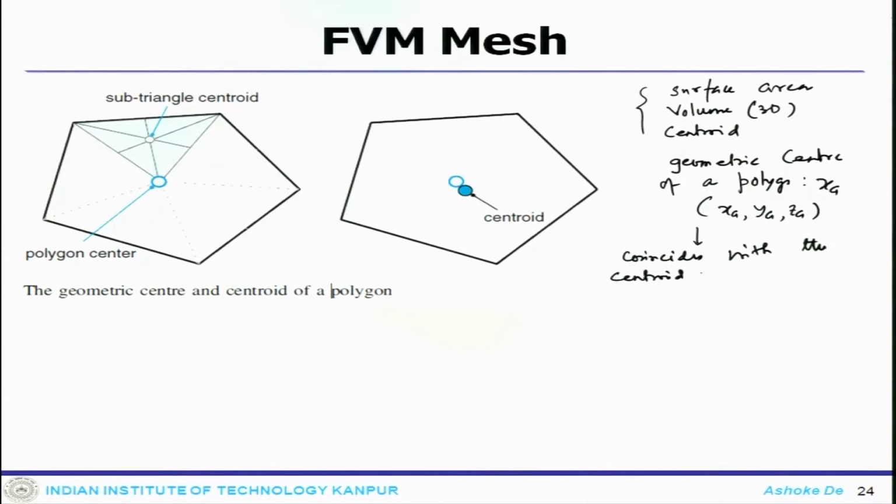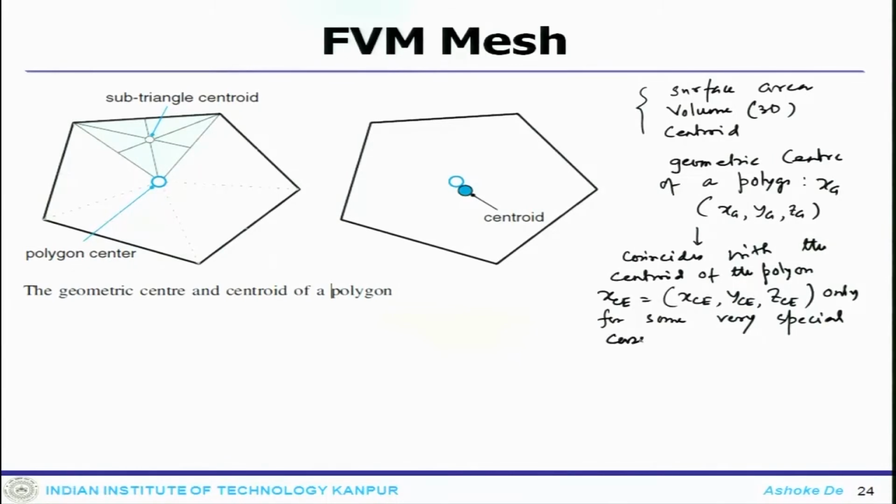That means the centroid of the polygon, let us say xCE, which is again xCE, yCE, zCE, will coincide with the geometric center only for some very special cases.